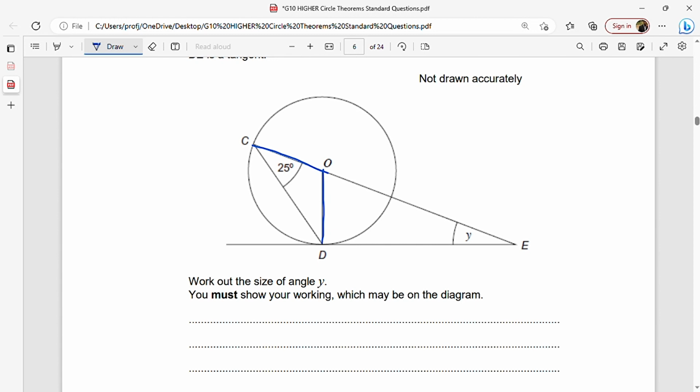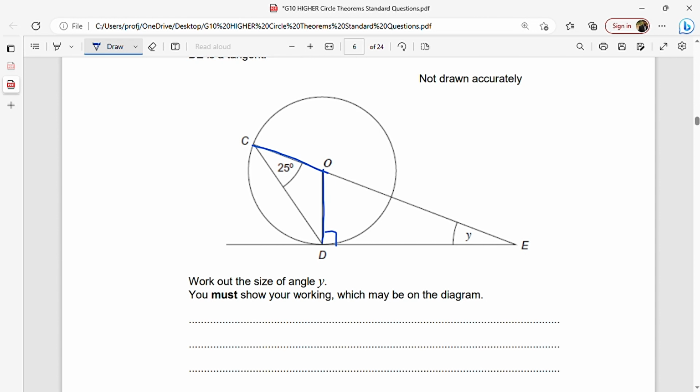So it means that here would be 90, because one of the theorems of geometry states that a line drawn from the center of the circle touching the tangent is perpendicular to the tangent, or is a right angle. That's why we have this place that I marked as a right angle.